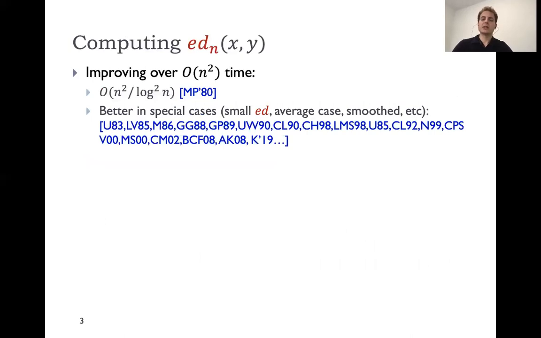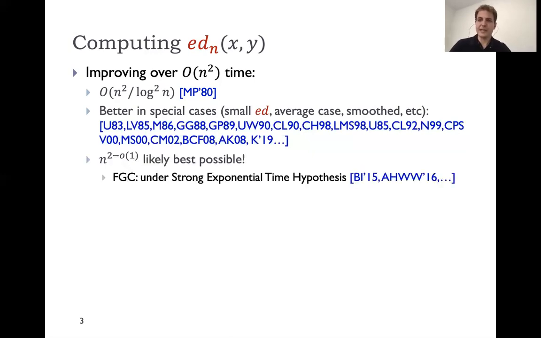And then there was a lot of work to try to improve it. Most of the success has been in special cases like small edit distance, average case complexity, and many others. And it turns out that if one believes in SETH, you cannot get better than quadratic or near quadratic time in the worst case if you would like to compute this edit distance precisely.